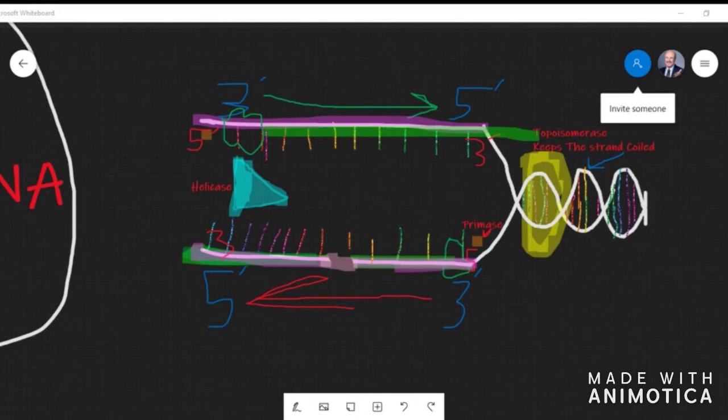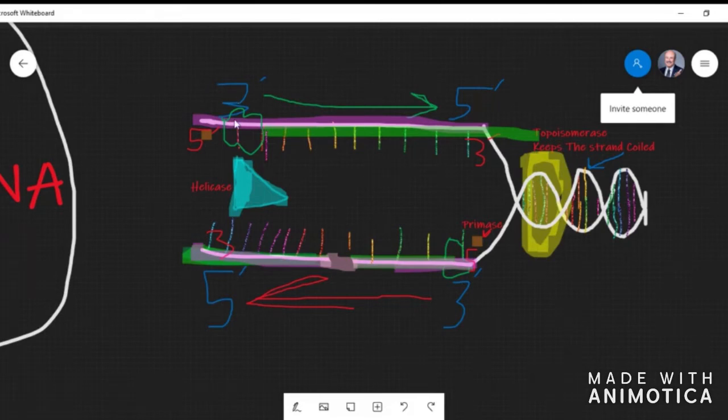So primase sets down primer so that DNA polymerase, which is this green blob right here, the builder, can build DNA pieces, basically replicate them.